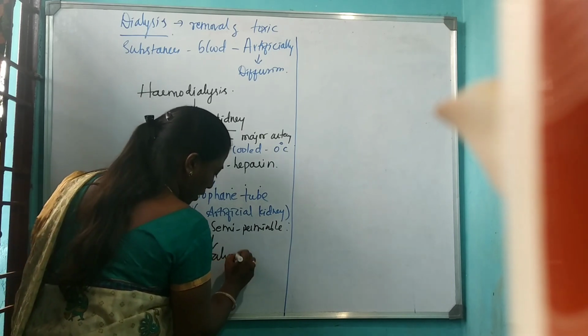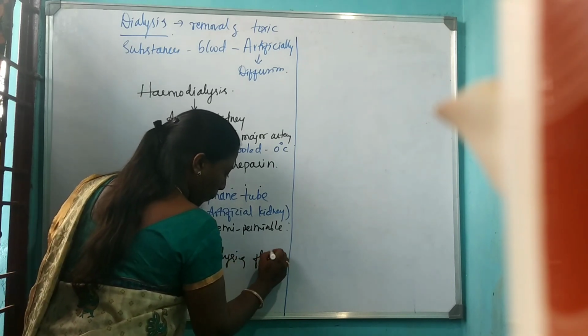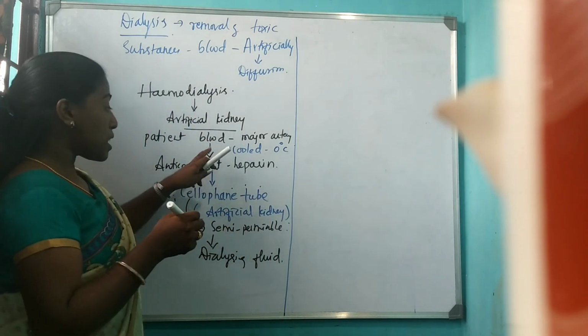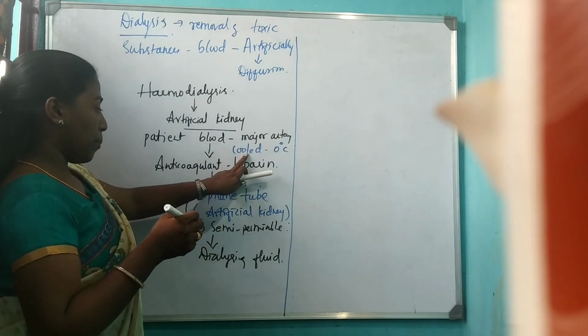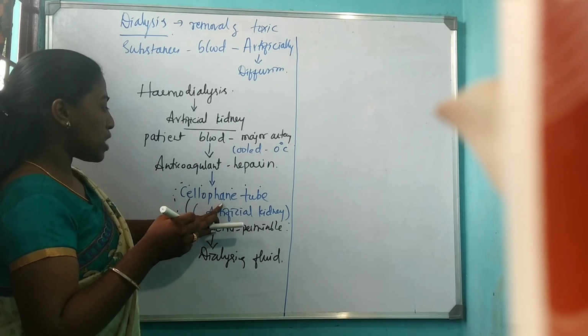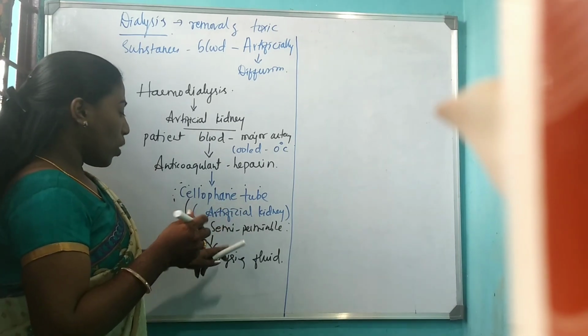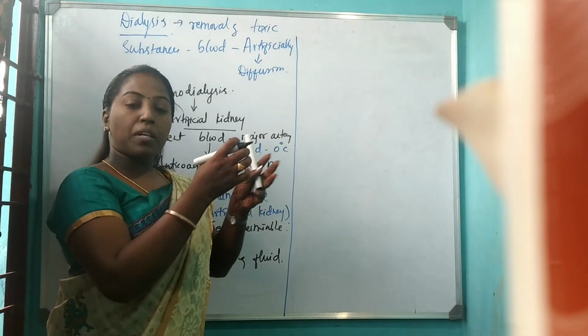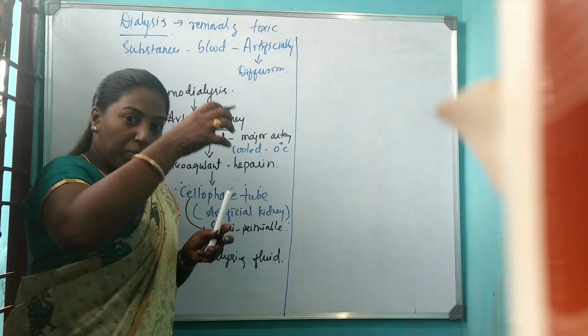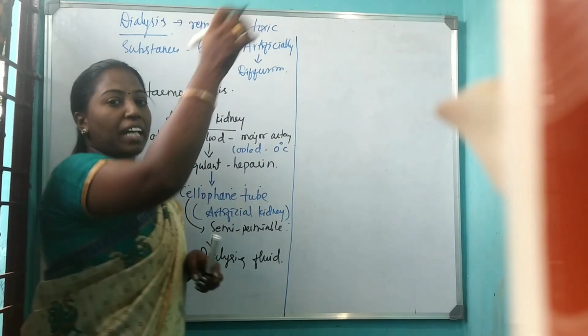That fluid is called the dialyzing fluid. Once the blood is cooled and heparin is mixed, it is passed to the cellophane tubes. The metabolic waste present in the blood moves from the cellophane tubes to the dialyzing fluid.